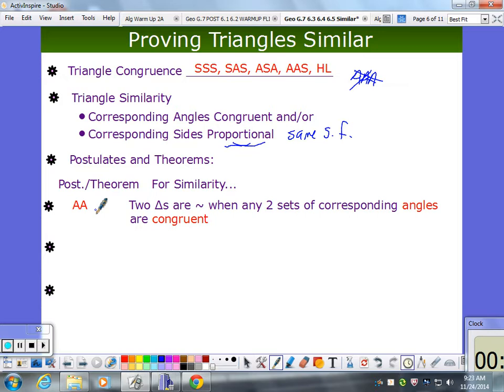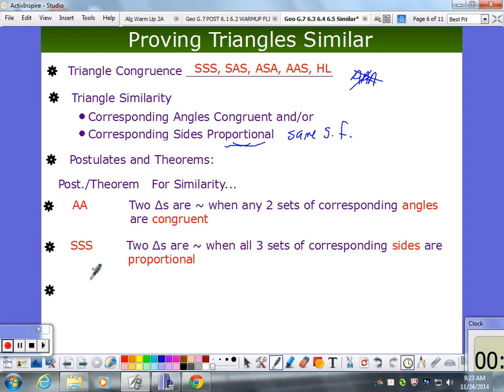Right, so we basically proved our third angle congruence theorem. If you know two angles are congruent, then the third angle must be congruent. So we don't need to say it or find it. If you find two, good enough. Not good enough for congruence, but good enough for similarity.